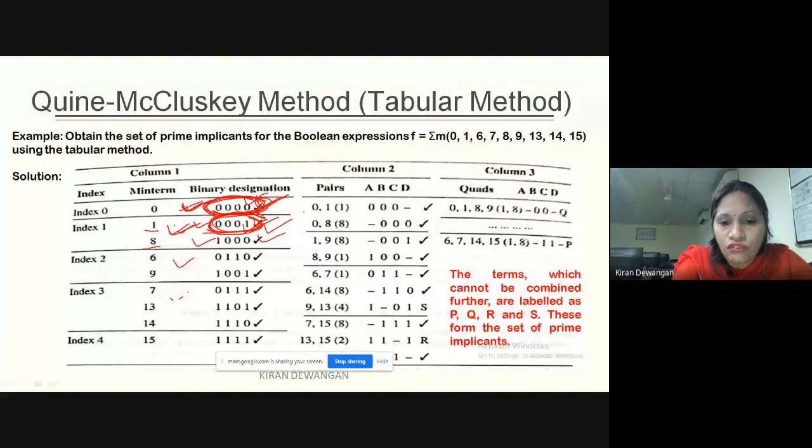So they are forming a pair, the minterm 0 and the minterm 1. At what position is it differing? At the rightmost position. So that position is marked dash.